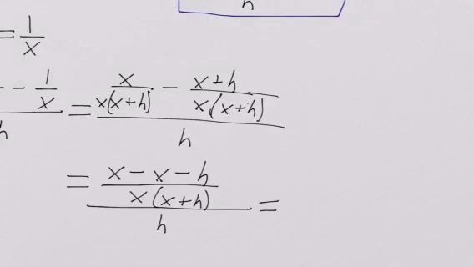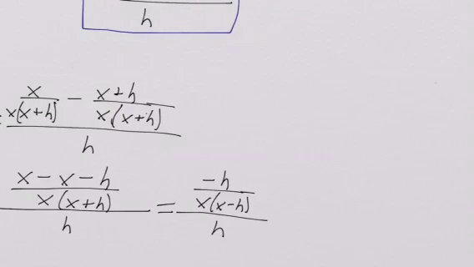So now plus x and minus x cancels out. So I get minus h over x times x plus h, all of that divided by h.